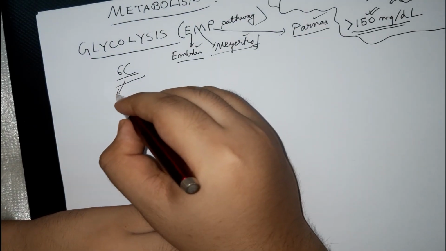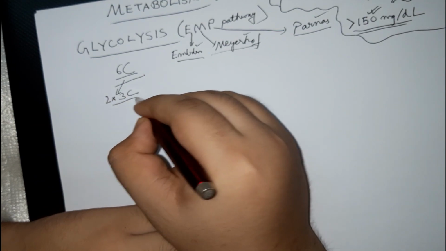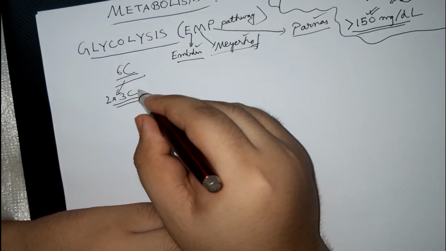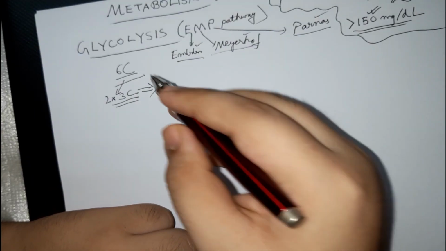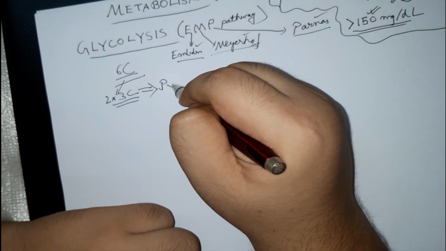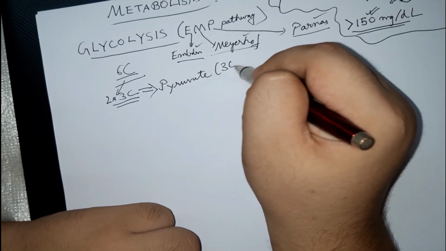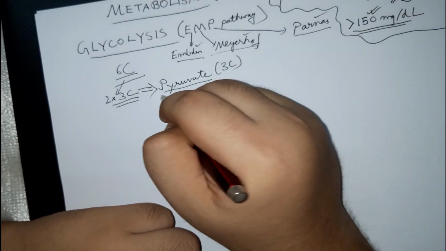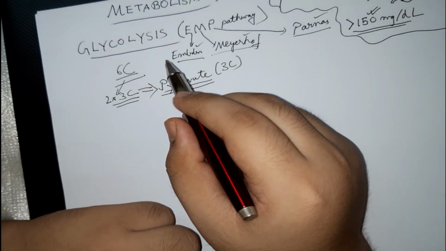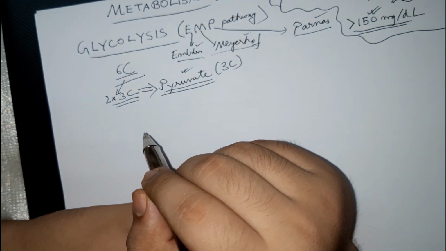So it will be broken down into 2 three-carbon compounds. And these 3 carbon compounds will in turn at the very end be converted into pyruvate, which is a 3 carbon compound, by the way, right? So this series of steps converting glucose to pyruvate is known as glycolysis.